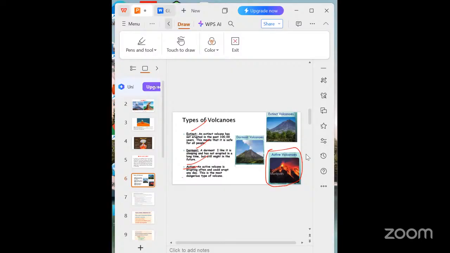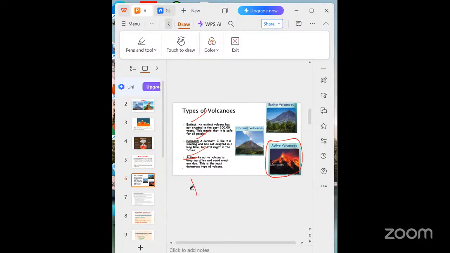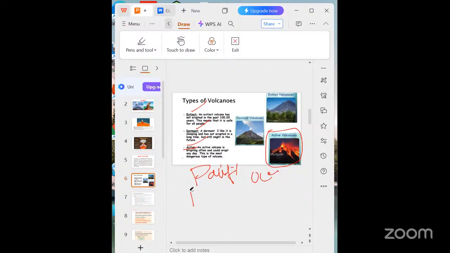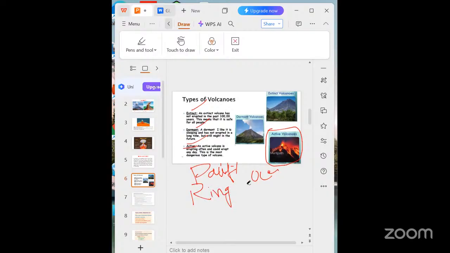A majority of the active volcanoes are located in the belt surrounding the Pacific Ocean. That is known as the Ring of Fire.